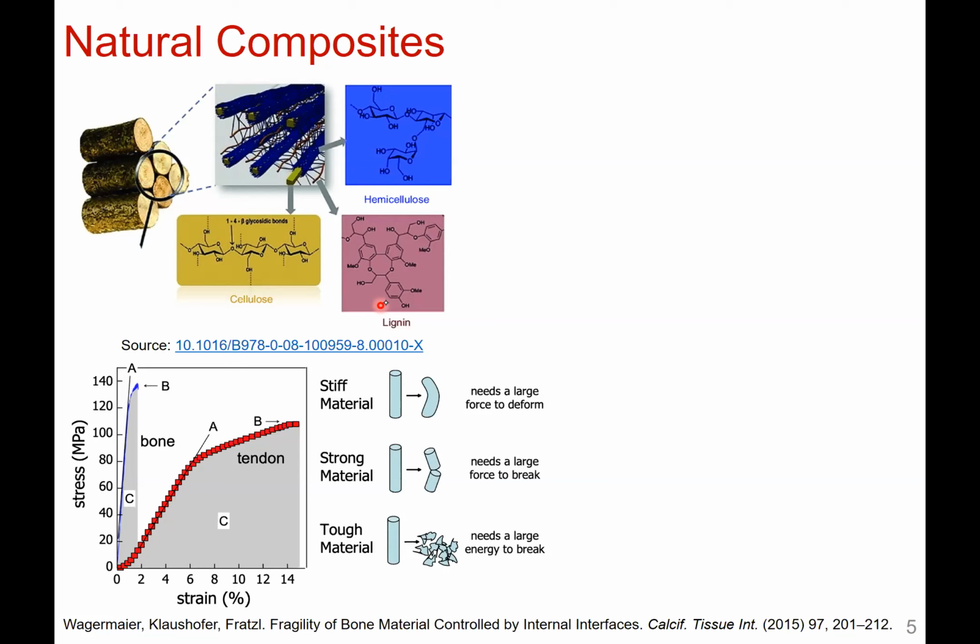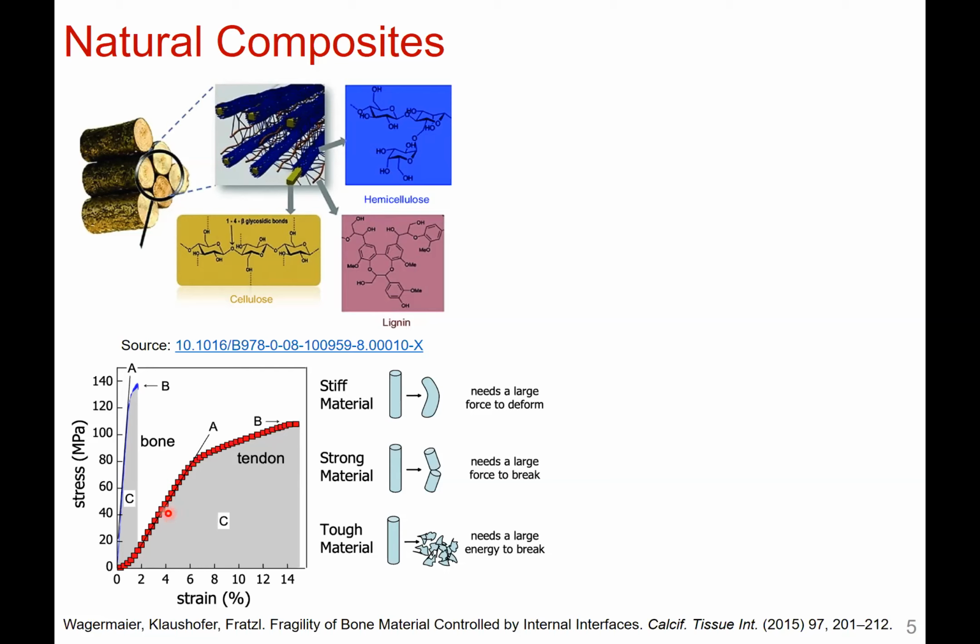We also talked about, in the mechanical properties module, how you can have bone, which is the stiffer material, right? Its modulus of elasticity is much higher than that of the matrix tendon, but the composite gives you strength and also ductility that you see here.